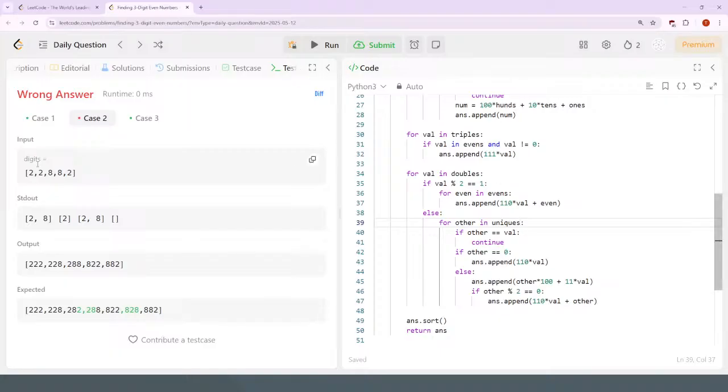Okay. So if my doubles value is odd, I compare it with any even ending. If my double value is even, like 2 or 8, then for every other in uniques, where the other doesn't equal value.